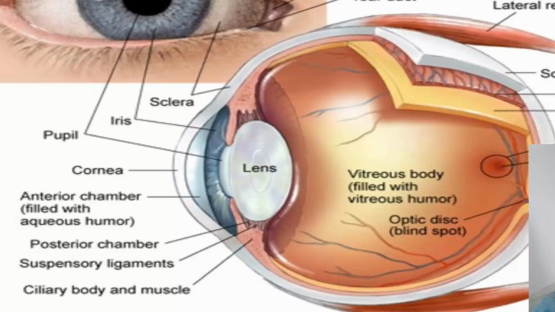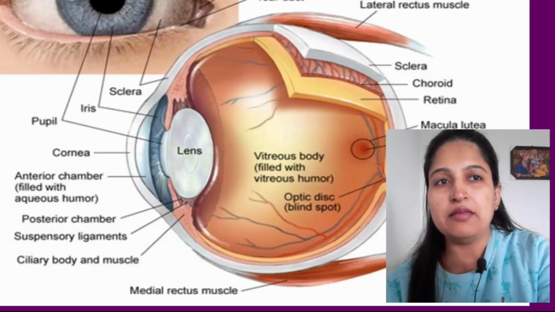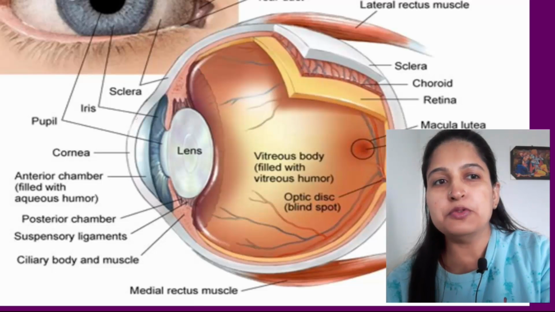Sclera is a white opaque substance and covers the eye from behind, but in front it is very transparent and is known as the cornea. So the foremost portion of our eye is the cornea. Because it is transparent, we are not able to see it clearly in this image, but here you can see the position of the cornea.